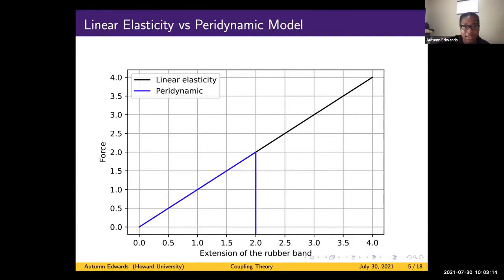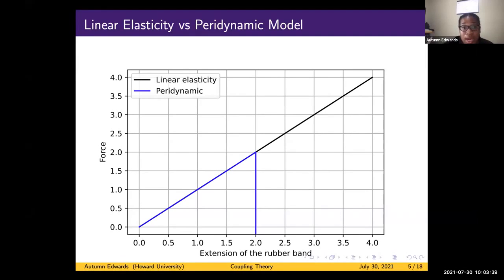In the linear elasticity model, which is without coupling, it goes on linearly, infinitely. But in our peridynamic model, it would travel linearly similar to the linear elasticity model, but at some point, because of the force, it would fail, which we see here. It's model 2 where it fails.